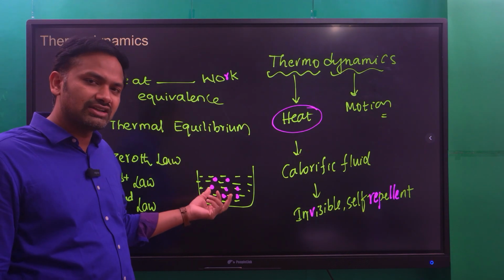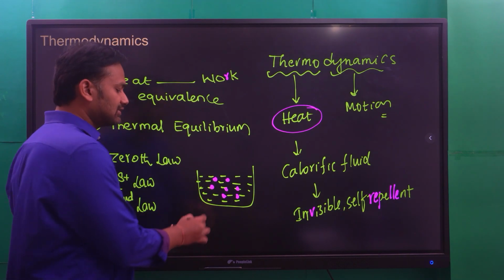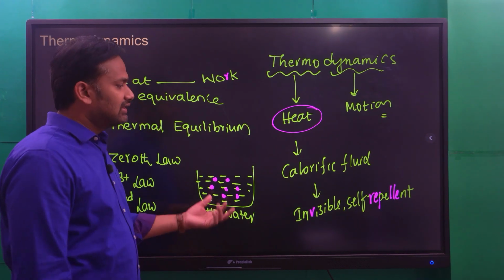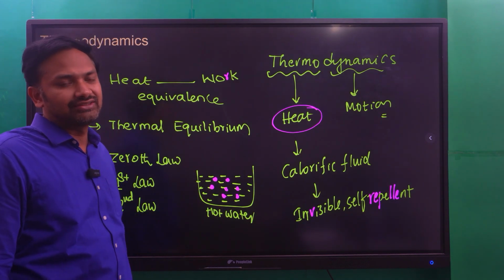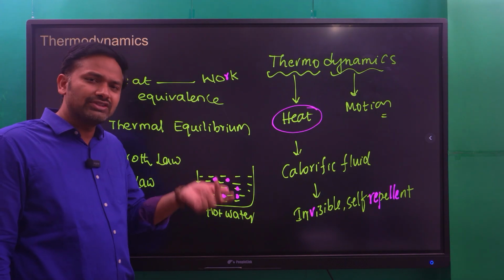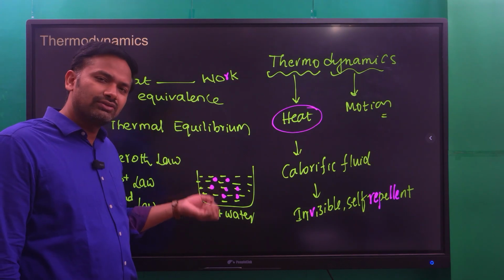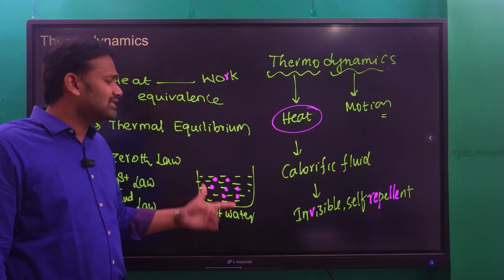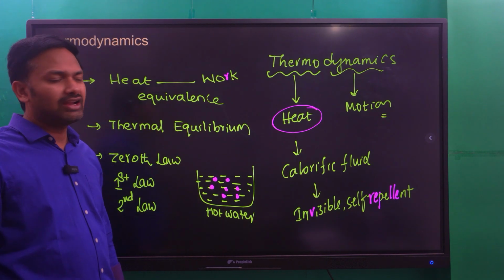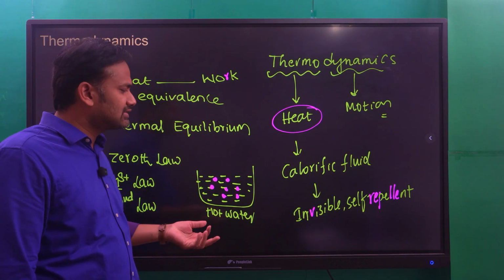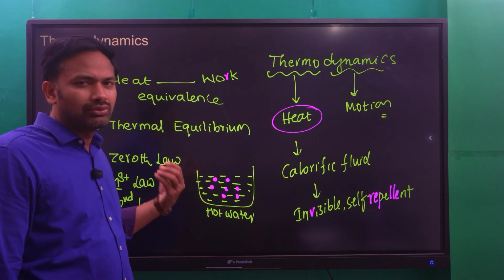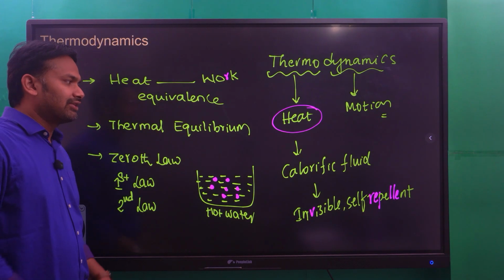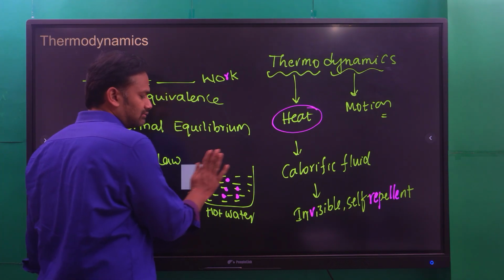So when we consider this hot water in a beaker, this fluid will try to move away from itself, and it will not be visible. The fluid is flowing away, but that is not visible. That is how it was described earlier. Later there were other theories, but they were proved false, meaning not correct. So this was the old theory.